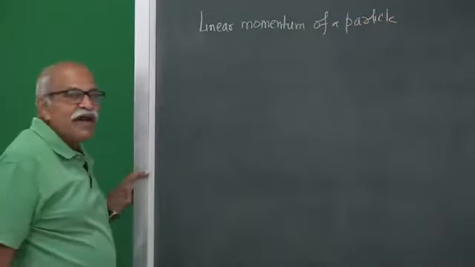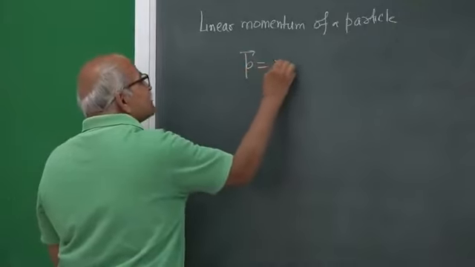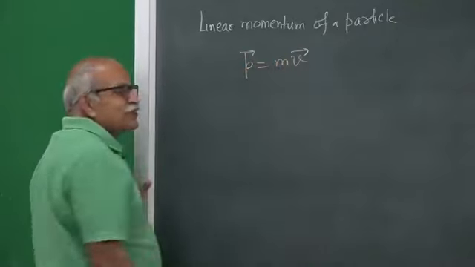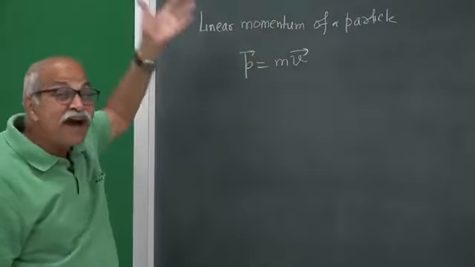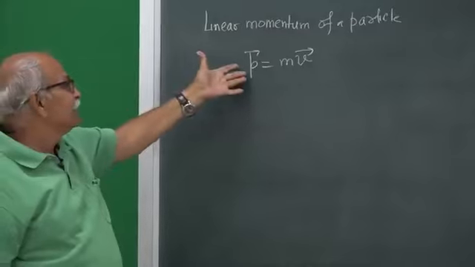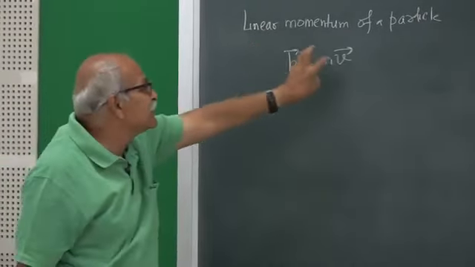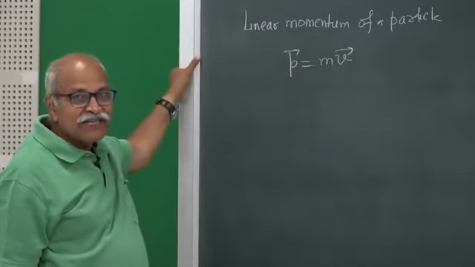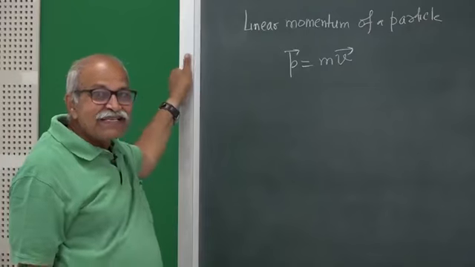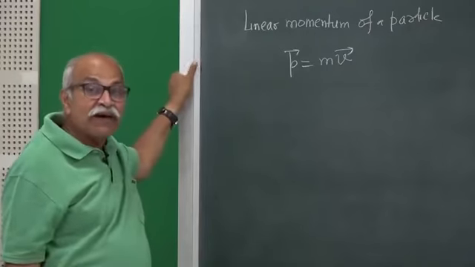So, we define linear momentum as p is equal to mass times velocity. No fantasy, nothing special, this quantity is defined as linear momentum. It is by definition. Mass of the particle into velocity of the particle is called linear momentum of the particle.